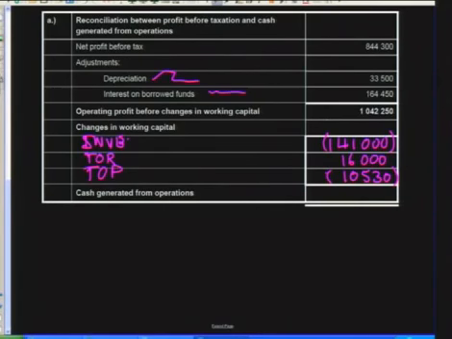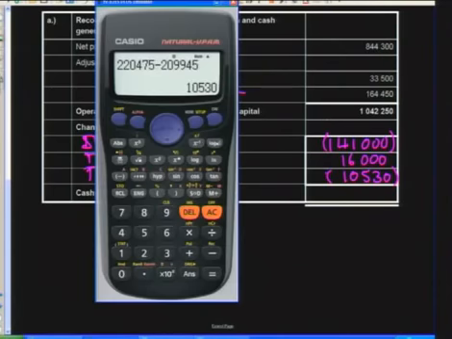What do we now do? We now look at the net effect, and on our calculators we say 1,042,250 minus a negative 141,000, plus 16,000 is equal to that, minus 10,530. And this is equal to 906,720.